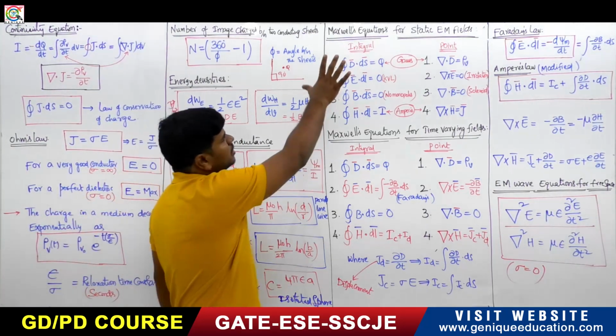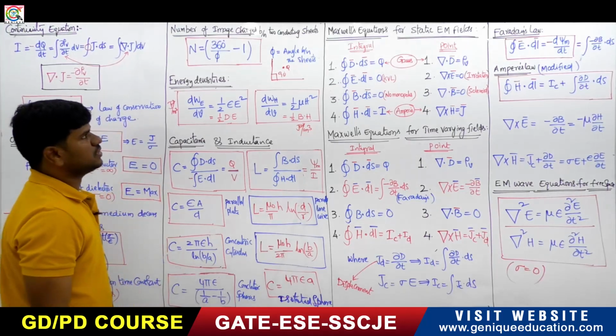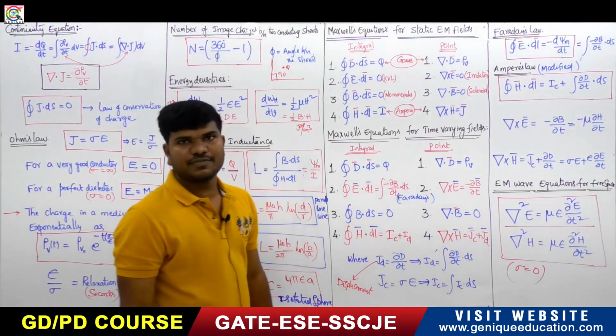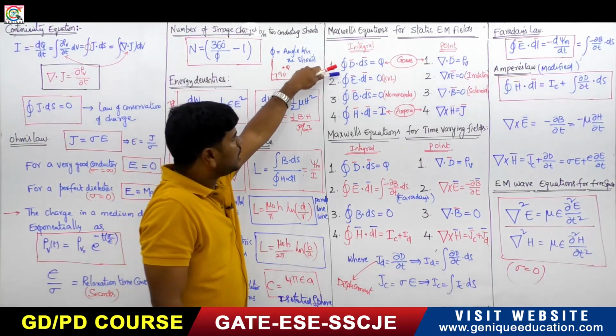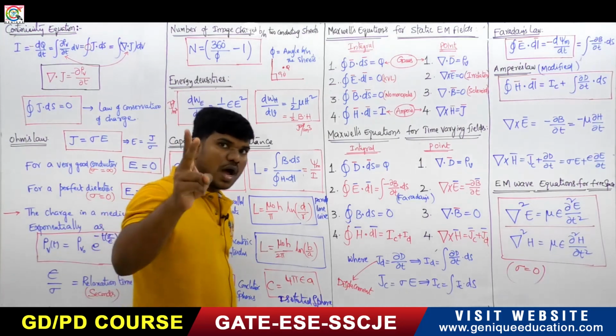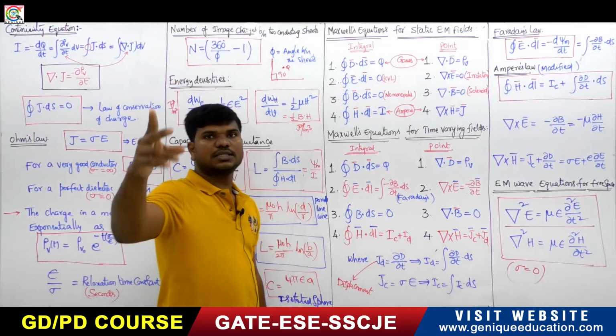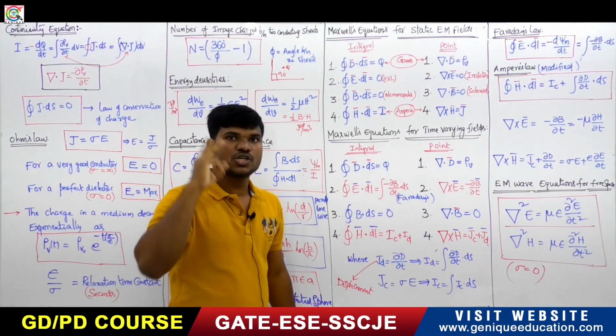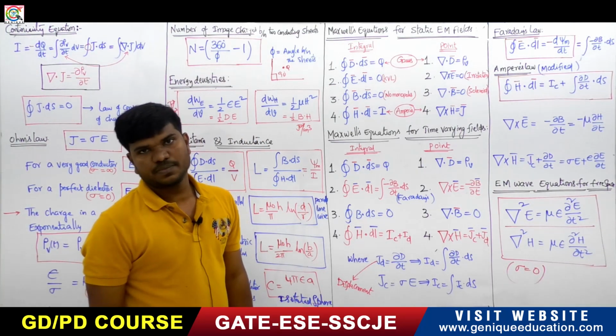So these are called the 4 Maxwell's equations for the static fields. Here the point we have to identify is that these all are closed line integrals and surface integrals. 2 are closed line integrals, 2 are surface integrals, 2 are divergence expressions, 2 are curl expressions.